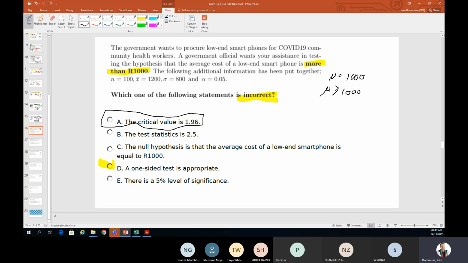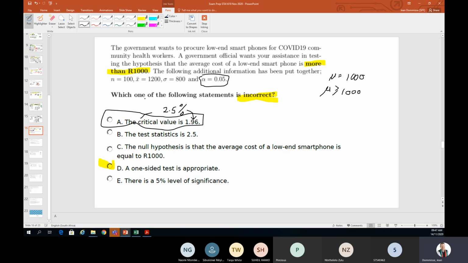And I think, like we discussed on the WhatsApp group this morning, if they said to me the critical value at 2.5%, it would have been 1.96, because that alpha was 0.05.